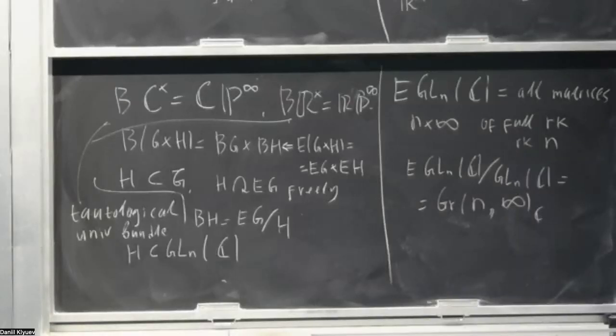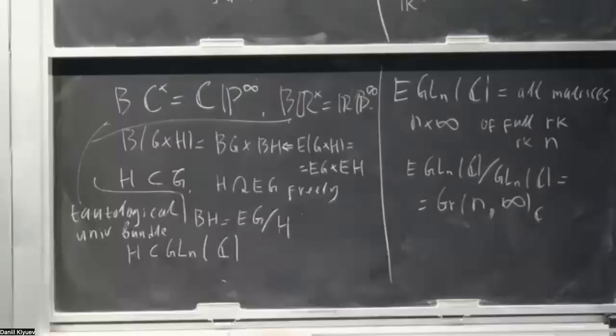So F_i is a map from L restricted to U_i to C infinity without 0. Sorry, something happened.